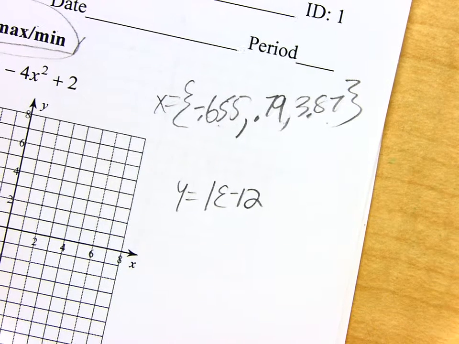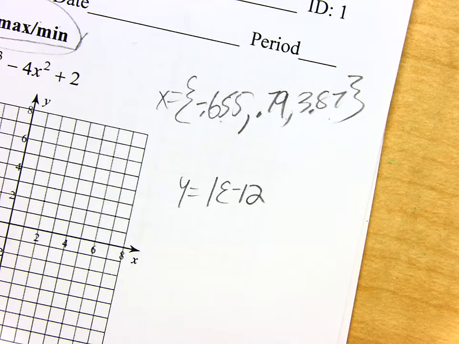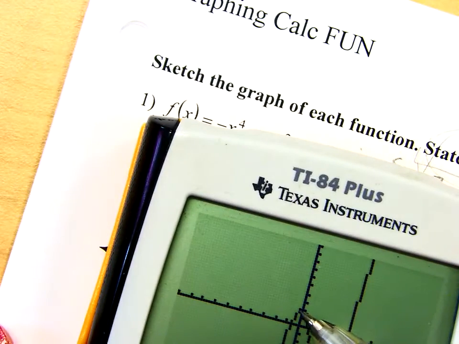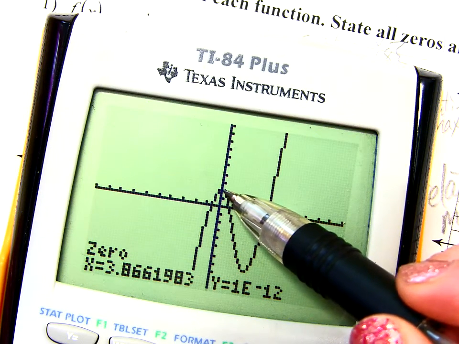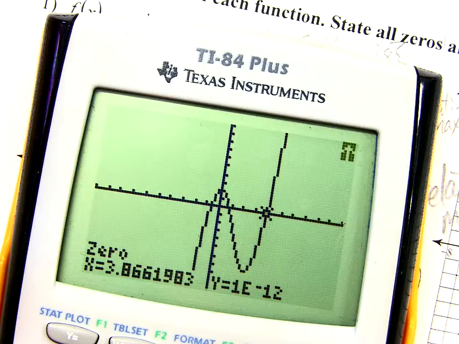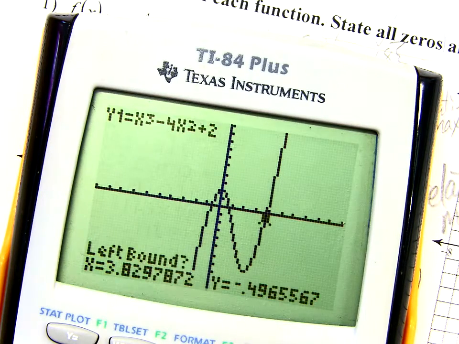And then I'm going to find the relative max and min. I have one of each. What's this one? Whoa. What's this one? A max or a min? Max. Second calc. Choice 4. Bring your blinky guy all the way back over. Make sure you're to the left of it.